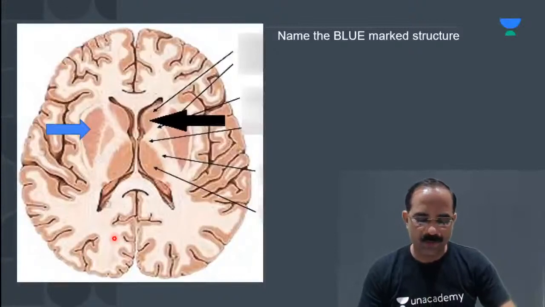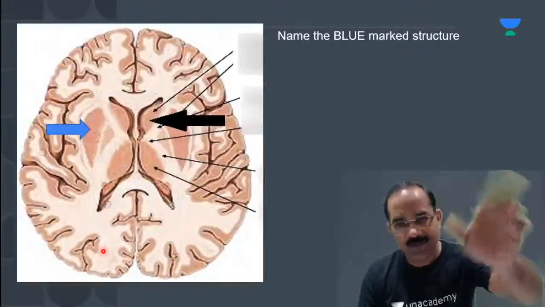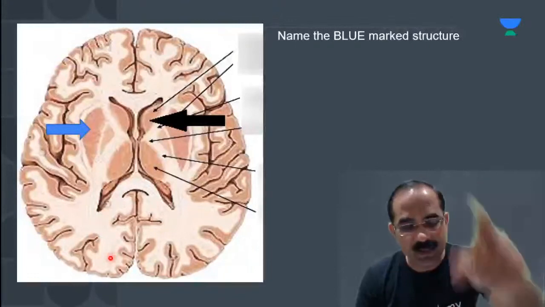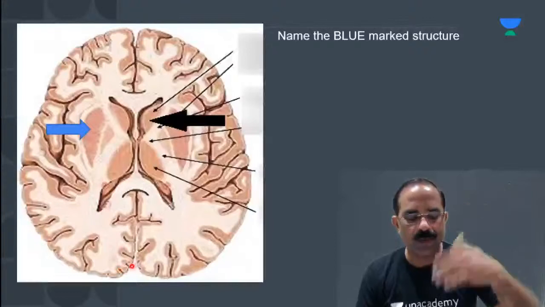The retrolentiform part. This is going to the occipital lobe, to the visual cortex. So the optic radiation, concerned with the visual pathway, passes through the retrolentiform part.